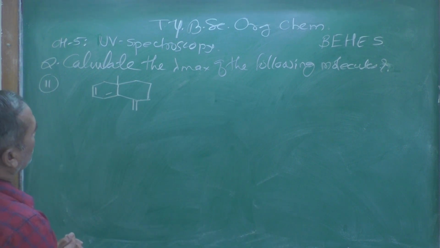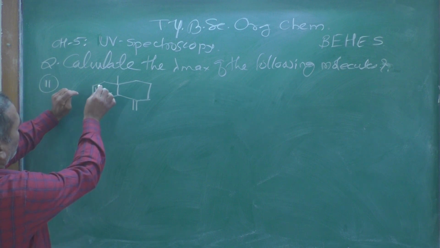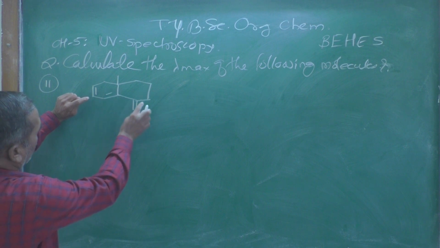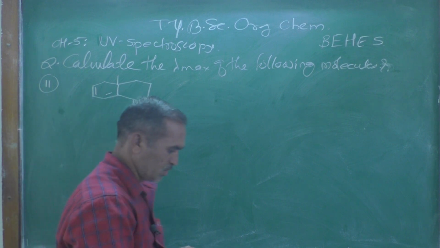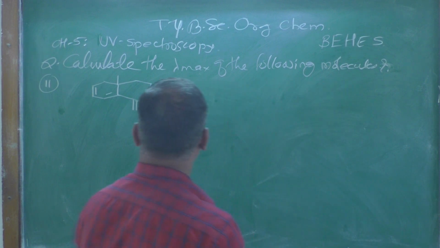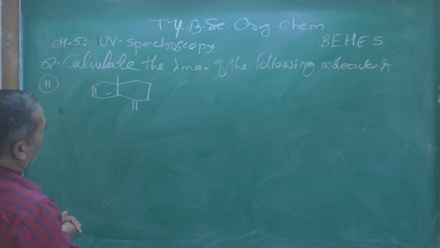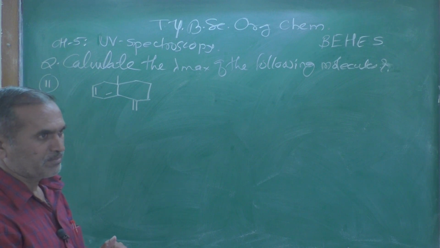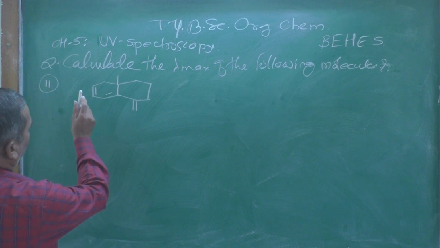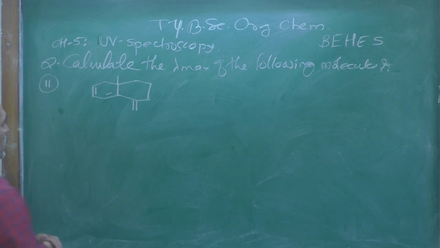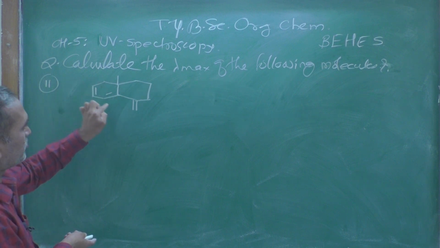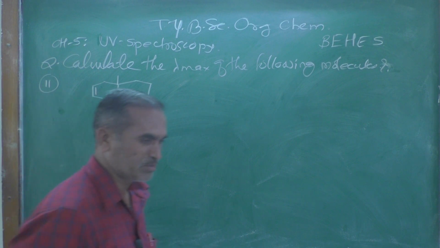If you observe the structure, what do you see? Look here, a diene system, either this side or that side. Most of the students get confused. They ask me, sir, can we consider two diene systems in this? Because if you label from here one diene system, and here another, two diene systems, don't get confused.